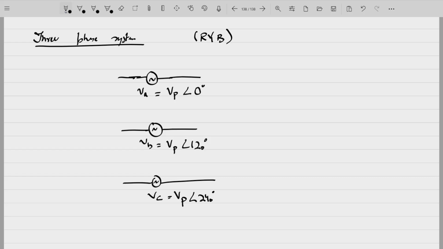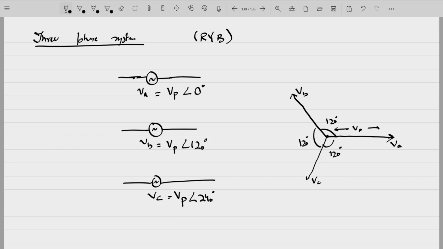Fine. So that means if we were to draw the phasor diagram, VA will be in this direction. The magnitude of this is Vp. It's located at an angle of 0 degrees. VB would be in this direction at an angle of 120 degrees, and VC would be in this direction at an angle of 240 degrees, or you can say 120 degrees out of phase from VB as well as VA.